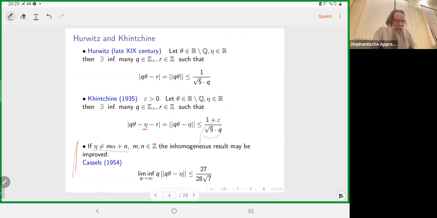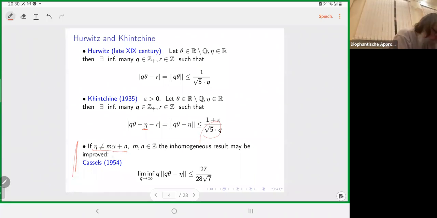Here I formulated one of the results which can generalize Khintchine. For instance, this unusual constant 27 over 28 square root of 7 arises as an optimal constant for the setting when eta is not of the form m alpha.